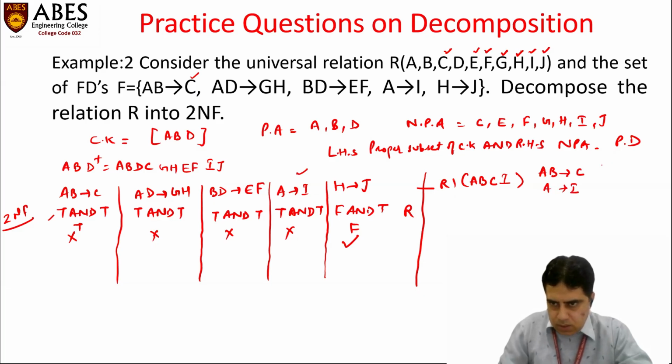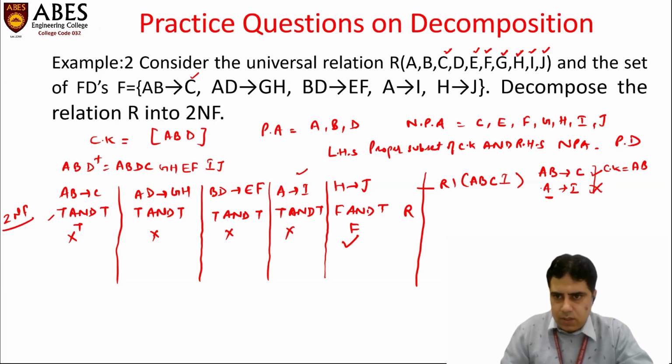Now for this table the candidate key is AB. So AB determines C is in 2NF, but here a partial dependency exists with A determines I. So this is not in 2NF.